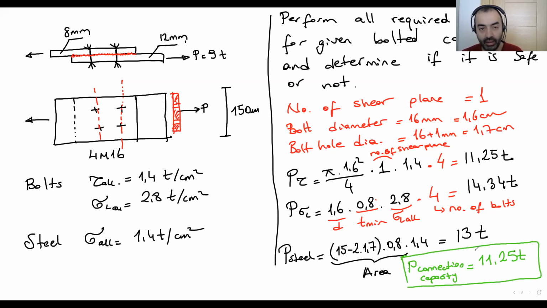Let's compare with the given load on the sketch. The given load is 9 tons. So it's less than the capacity. So 9 tons is less than the capacity. So it's safe.